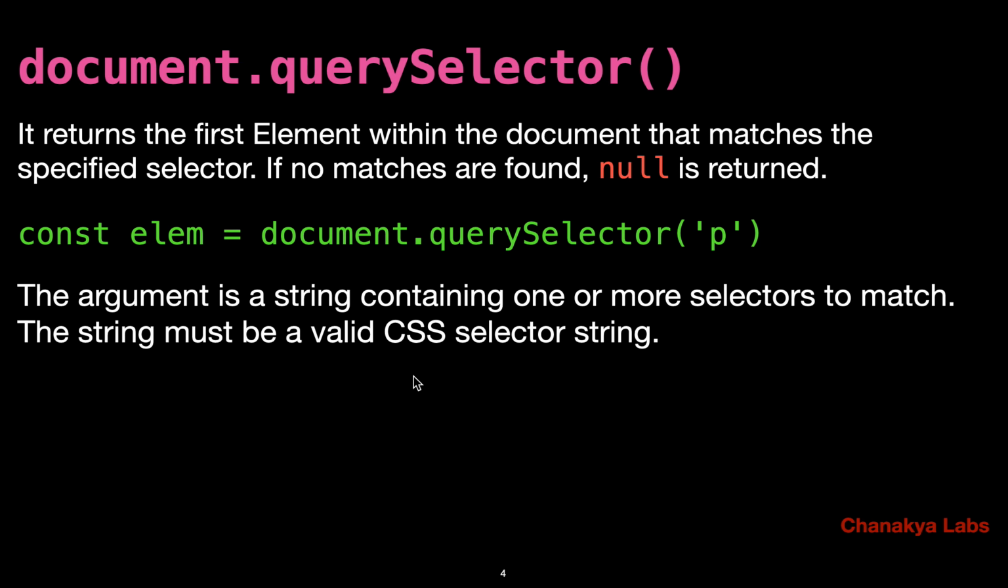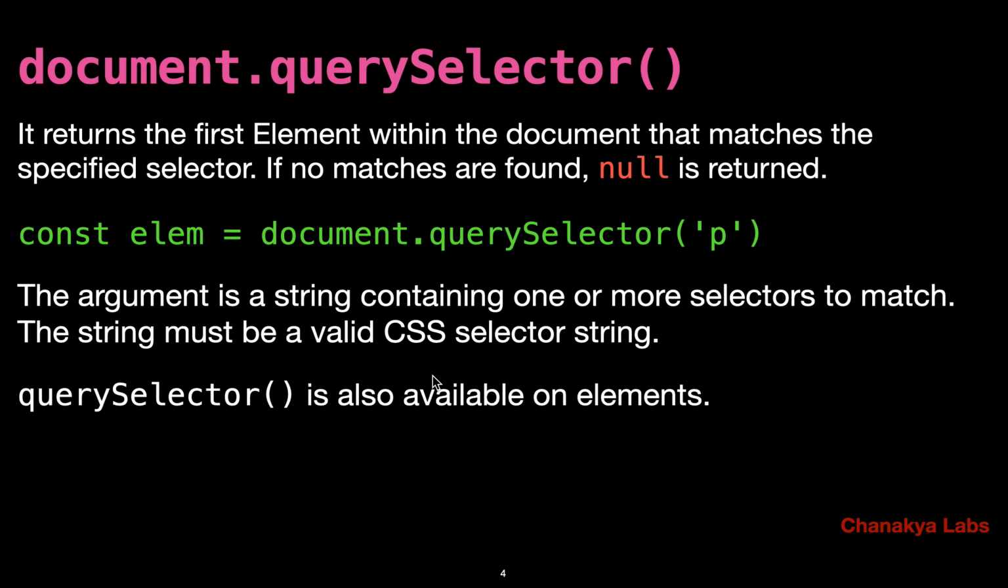But definitely, whatever your expectation was will not work as expected if it is not a valid CSS selector string, okay. And the syntax which I discussed on document.querySelector is also available on elements.